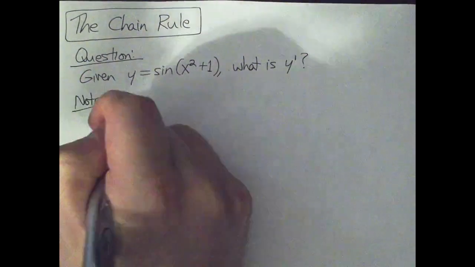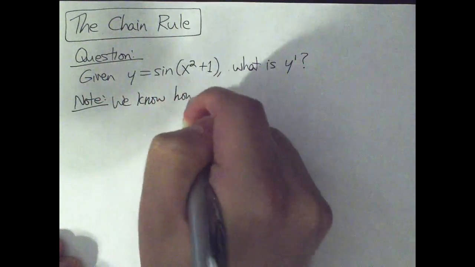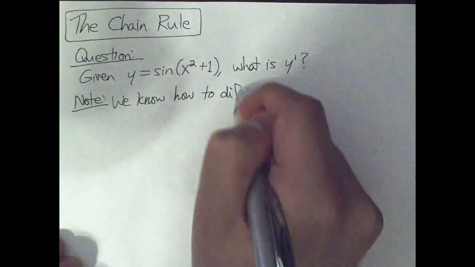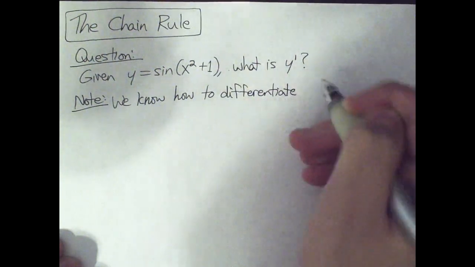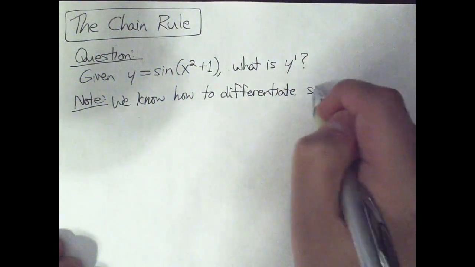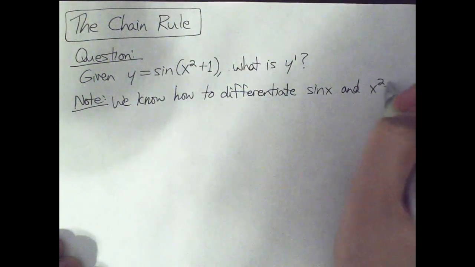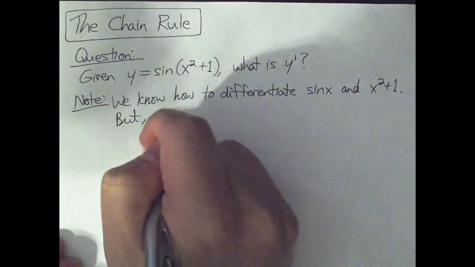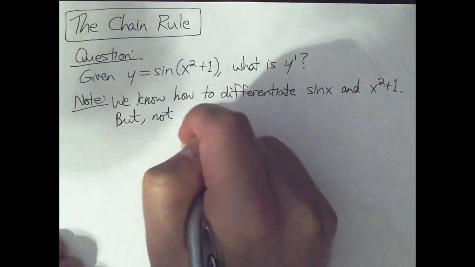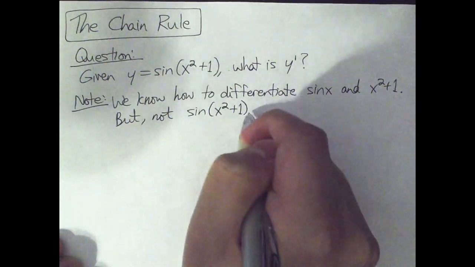Note, we know how to differentiate, how to find derivatives of sine x and x squared plus 1, but not when they're together like this. Not when it's sine of something more than just x.